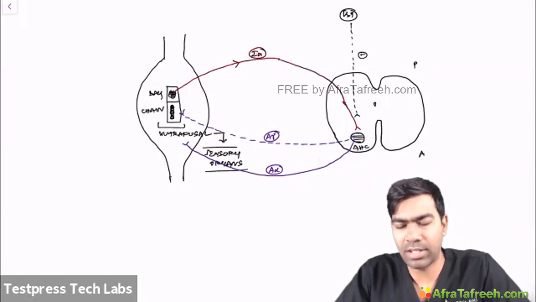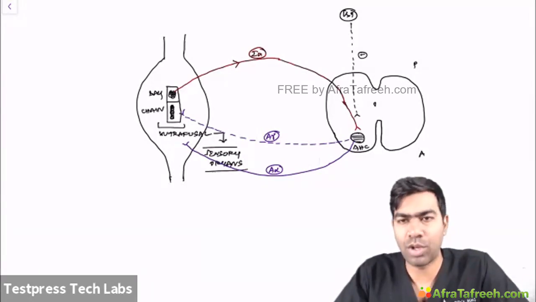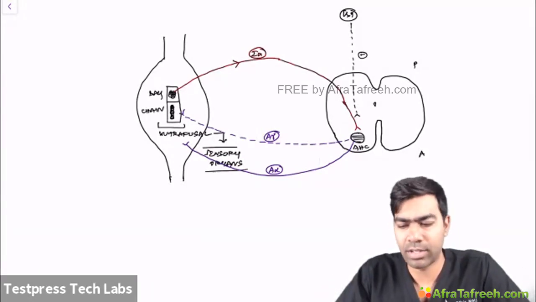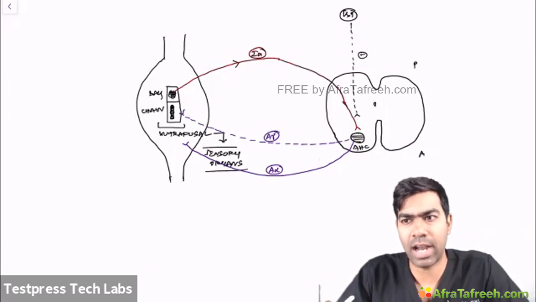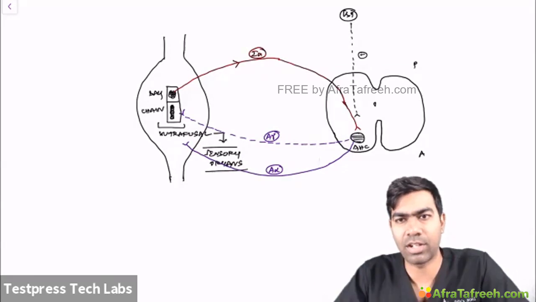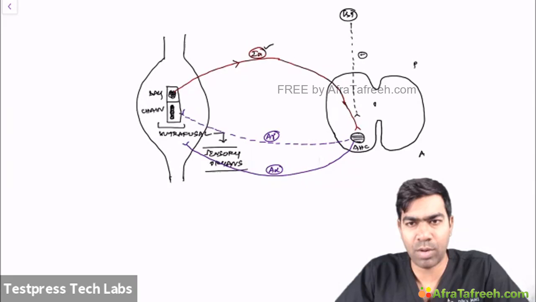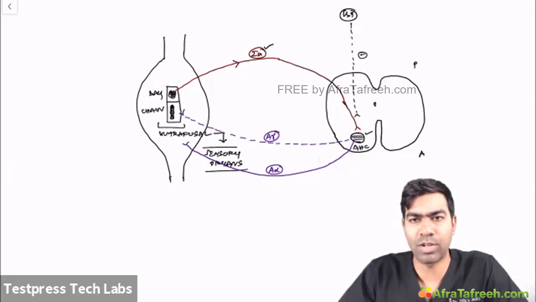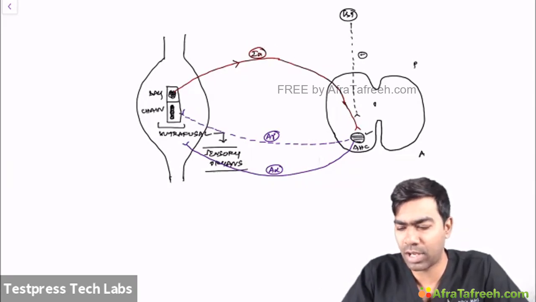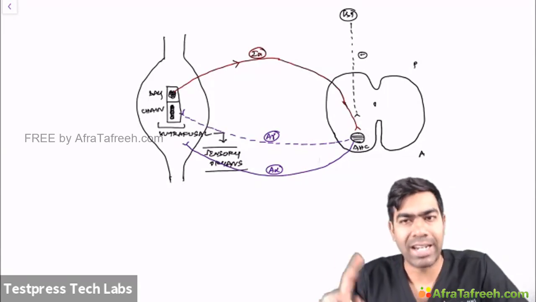For example, if there is a small stretch in the muscle and that is happening involuntarily, without your knowledge from the cortex, that reflex is not able to reach the cortex. At the same time, if that reflex is happening without the knowledge of the cortex, that stimulus will be carried by the 1A neurons directly to the anterior horn cells, because that low intensity stimulus is not enough basically to reach the cortex.